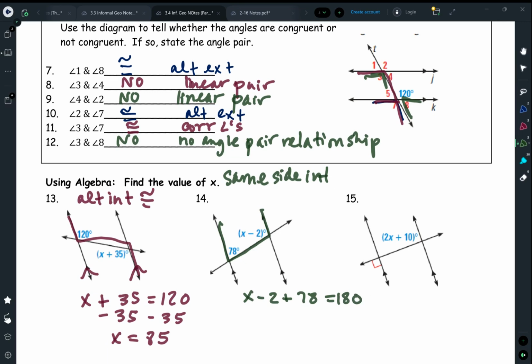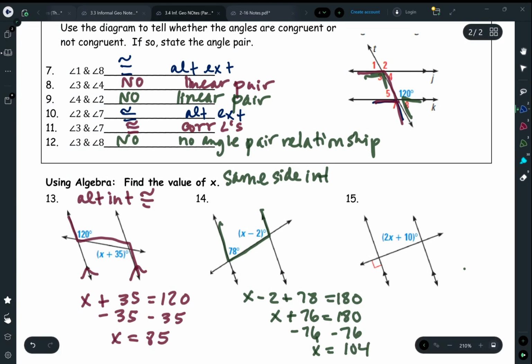And then we'll go ahead and solve that. So negative 2 plus 78 is 76. And my last step here is to subtract 76 on both sides. And so my x is equal to 104.